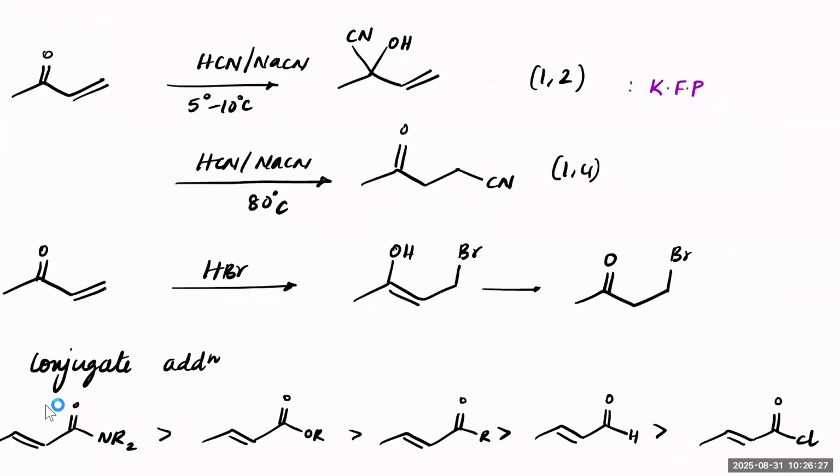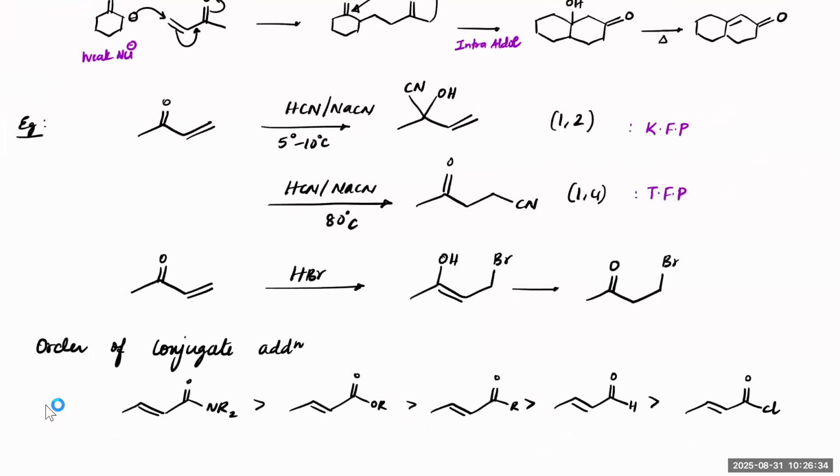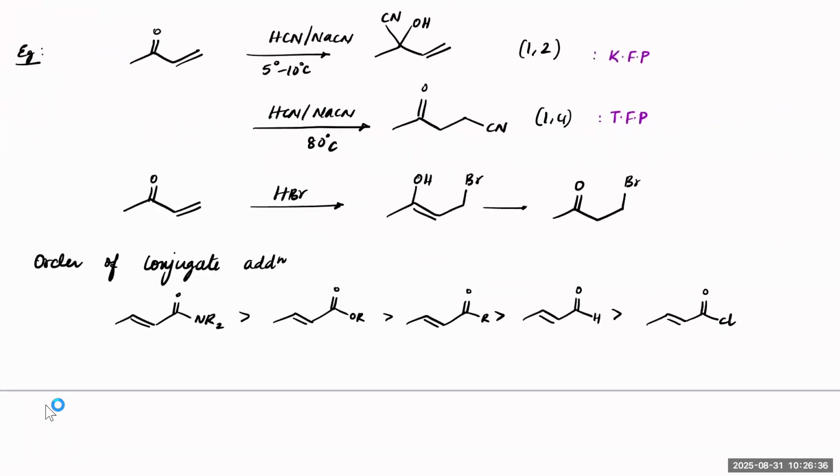So 1,4 addition is always the thermodynamically favored product. 1,2 is the kinetically favored product. If only HBr is given, you will simply do 1,4 addition here. You'll only get 1,4 addition here. Like this. So you can see first oxygen will take H plus, then bromine will attack from here. This is how the shifting will take place.